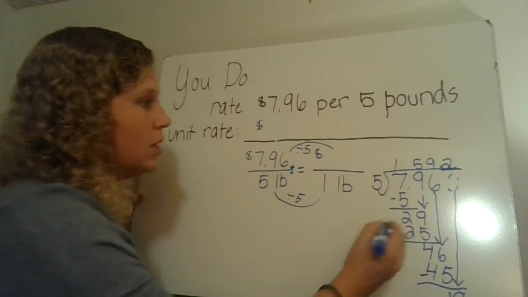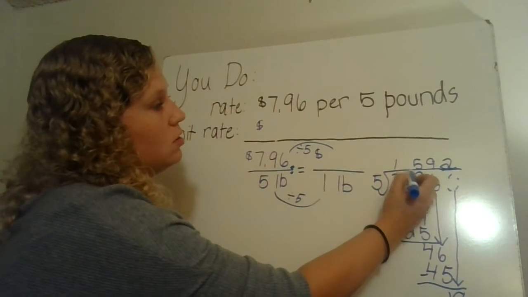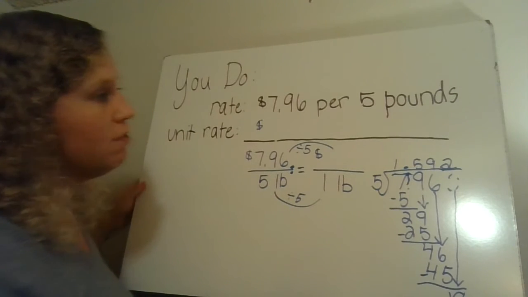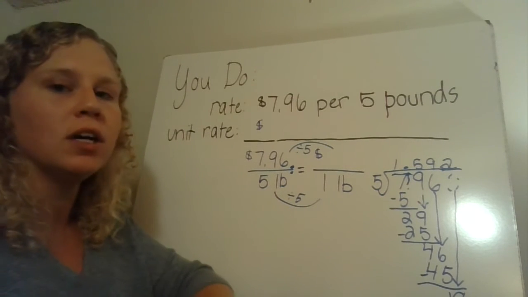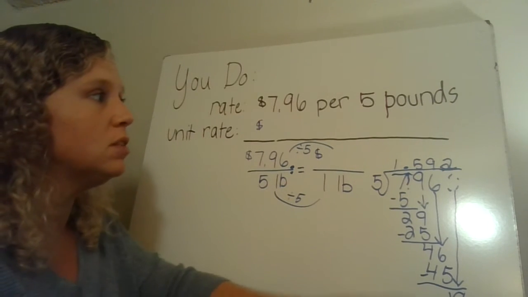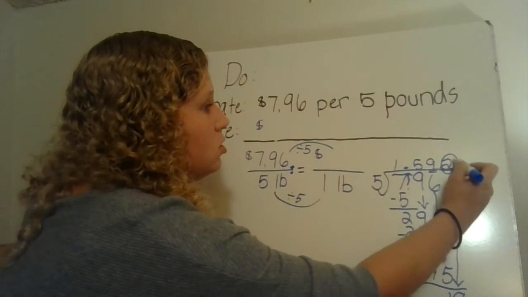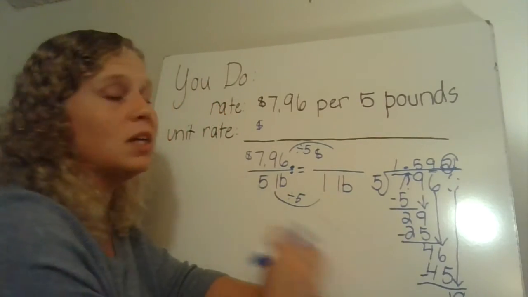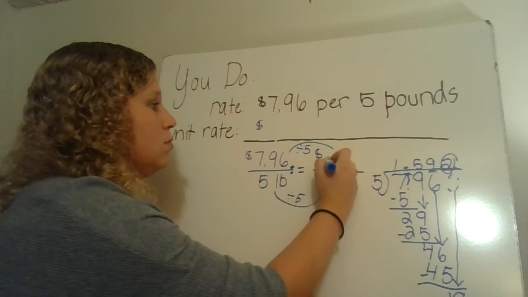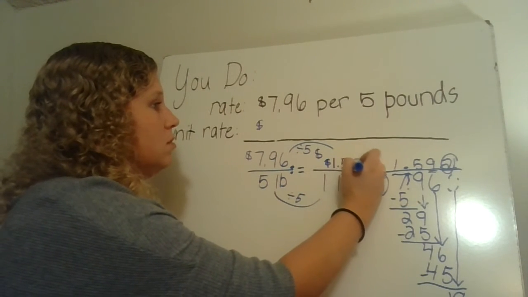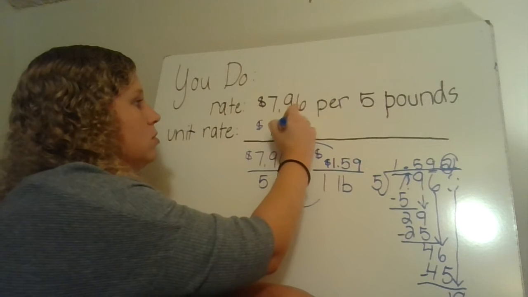Now, don't forget to bring your decimal right up to your answer. 1.592. Since we are talking about money, we are going to have to round this to the nearest hundredth. If I'm rounding it to the 9, I have to look at the 2. The 2 says to stay the same. So my answer would be $1.59 per pound.